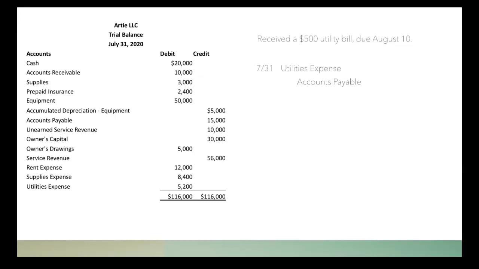So here we owe the utility company $500 on August 10th. So we need to credit our accounts payable. Now, how much? $500. Because all that's happening here is we are counting the expense and we show that we owe $500 more.